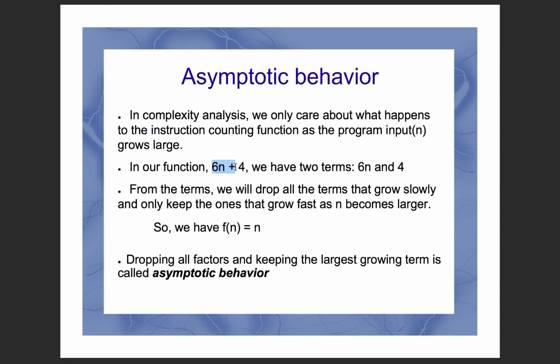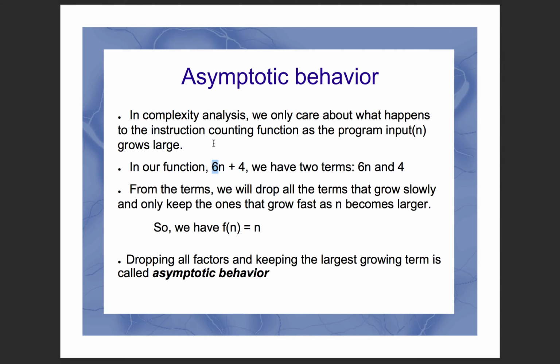So how your program behaves basically depends on n. If you have larger n, then it probably needs more time. If you have a lower value for n, then you might need less time. So why don't you keep only n and remove 6 and 4, because these are constants, you don't need to worry about them.